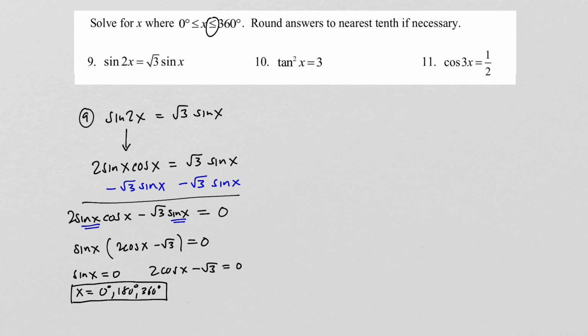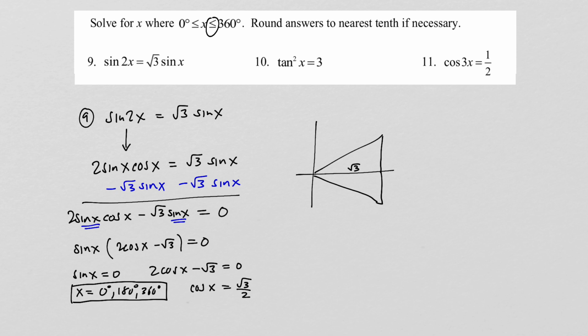Now, for the other equation here, we're simply going to solve for cosine. So we get cosine of x is equal to radical 3 divided by 2. And then we need to think about where this happens. This is going to happen in the first quadrant and also in the fourth quadrant.